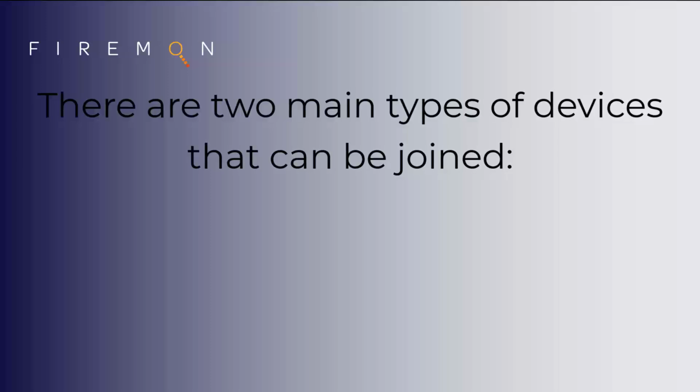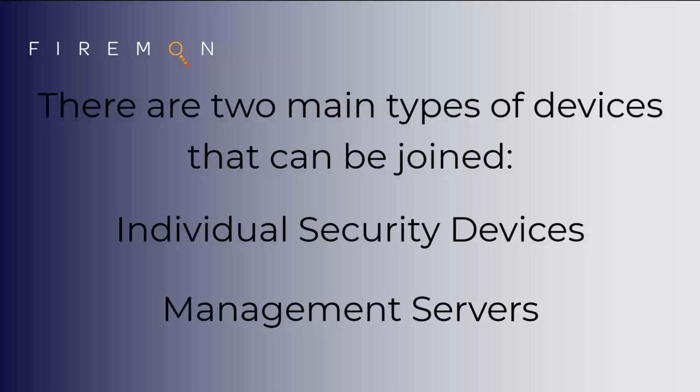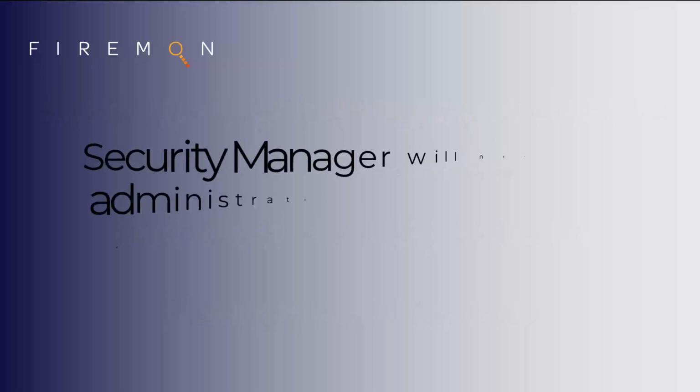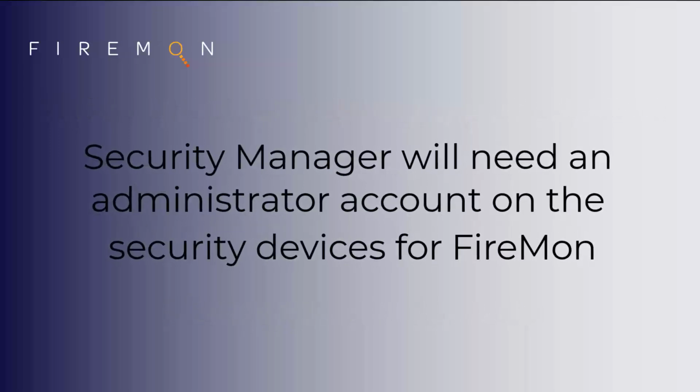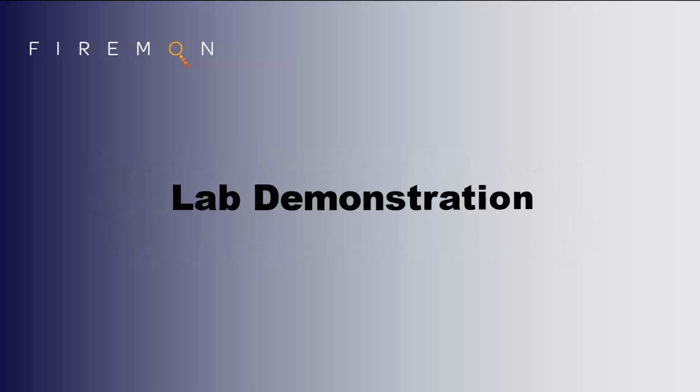The first is to join them individually if allowed, or if the vendor uses a management station which manages several devices, the management station can be onboarded and SIP will automatically join the managed firewalls, log servers, and/or additional domain servers. In most instances, the security manager requires the use of an administrator account to collect information from any monitored device. We'll begin by adding an individual Palo Alto firewall.